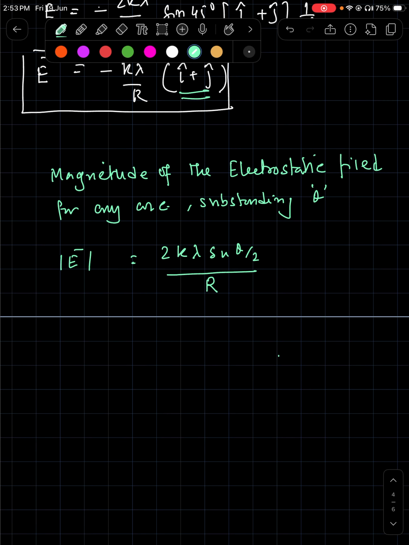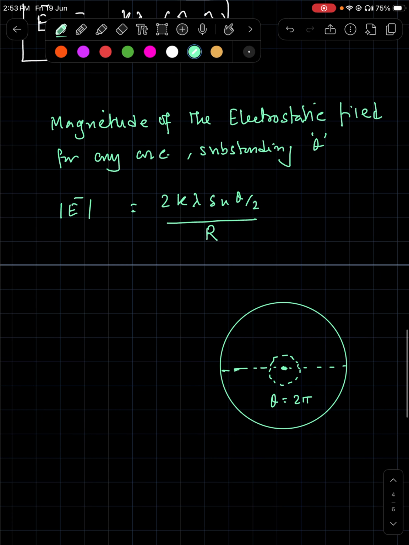So we can check the magnitude. If I consider the full circle, the whole theta becomes 2 pi, and the total electric field must be zero, because the electric field from the upper side is cancelled by the lower side. The electric field from the upper semicircle is pointing downward, and from the lower semicircle is pointing upward with the same magnitude, so they cancel each other and it becomes zero.